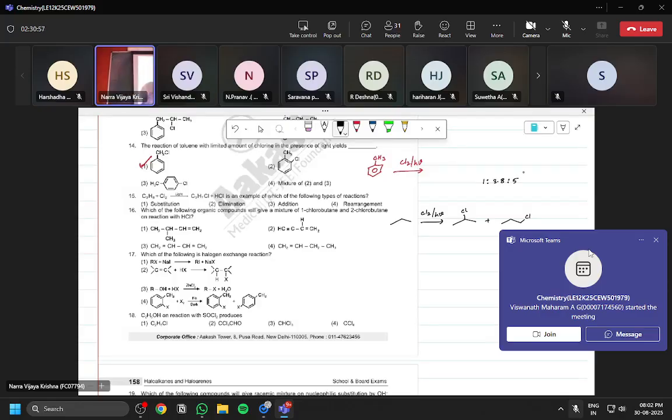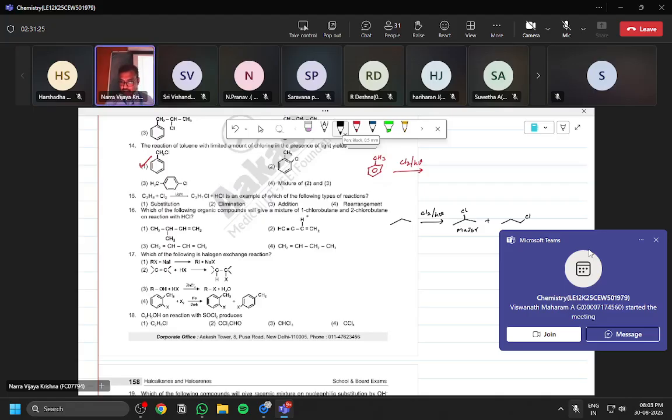So how many primary hydrogens? 6. So 6 times 1. Secondary hydrogens are 2, so 2 into 3.8 is 7.6. Correct? So major will be this one.